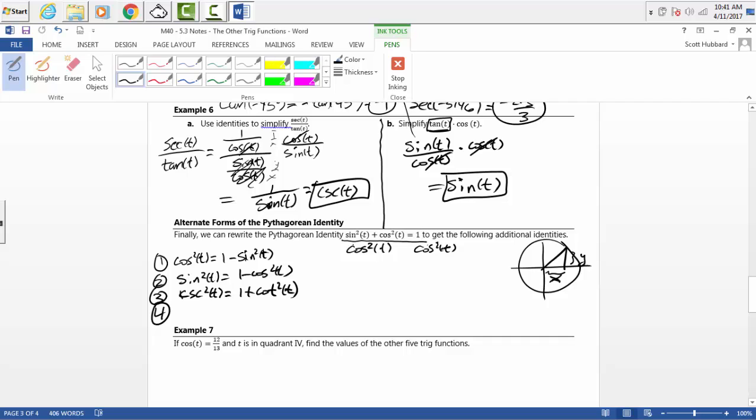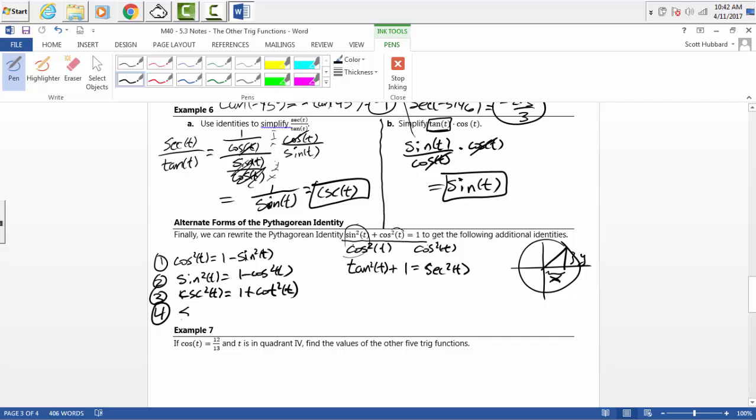So sine squared divided by cosine squared, that's sine over cosine, which we said, remember, is tangent. And so that's going to be tangent squared right here. And then here it's just going to be cosine squared divided by cosine squared, so it's going to be plus 1. And that means it's going to equal 1 divided by cosine. Remember, 1 divided by cosine is the reciprocal of cosine, which is defined as secant of t.